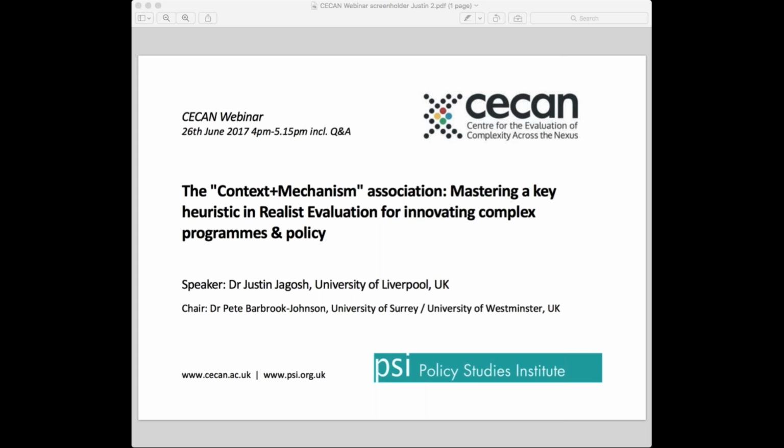We're applying those methods across nexus areas, the nexus being food, energy, water, and the environment. The complexity comes in because that really underpins much of our approach. So we use complexity science, tools, and thinking to inform some of the innovative elements of the approaches we use. You can read more about our work at ccan.ac.uk.